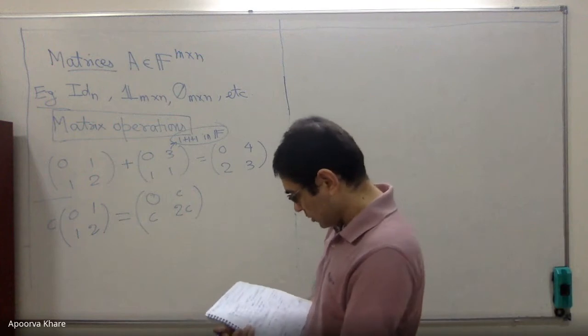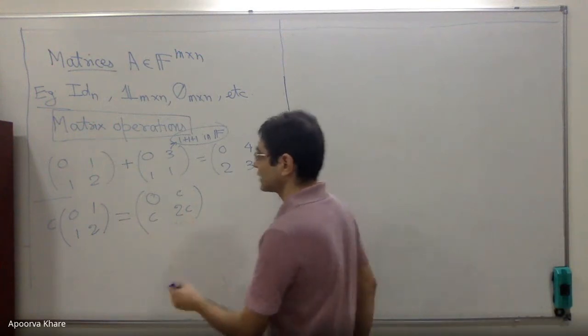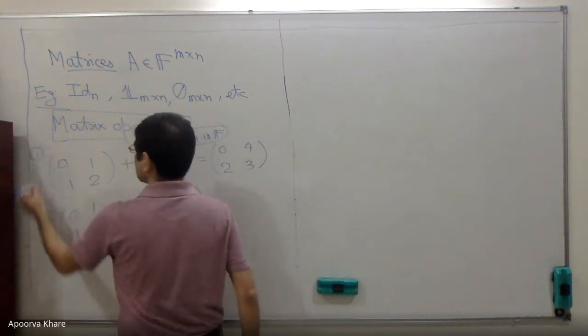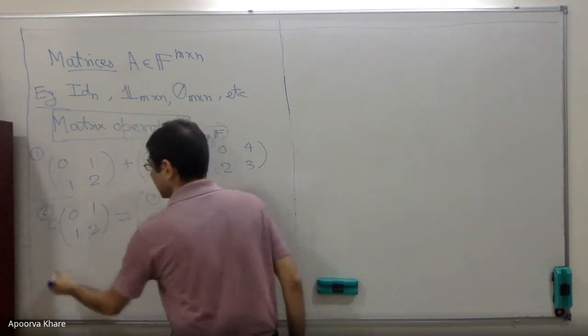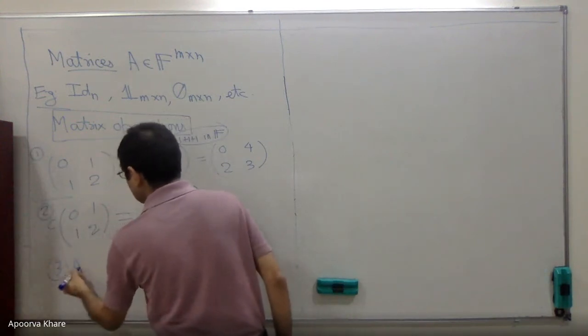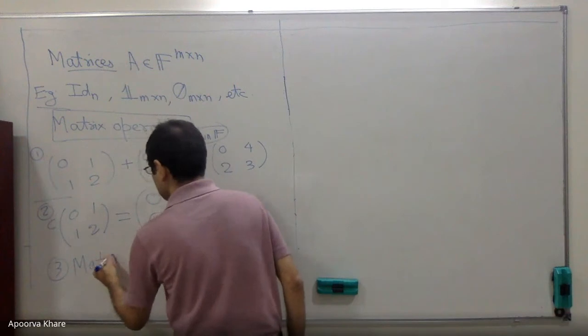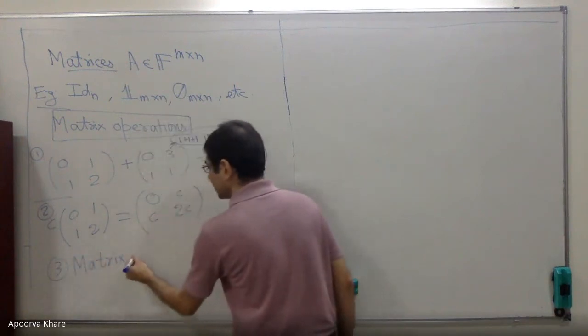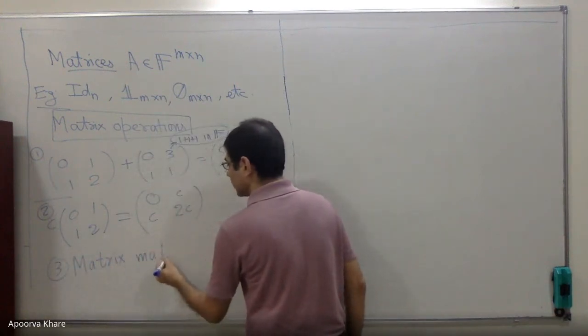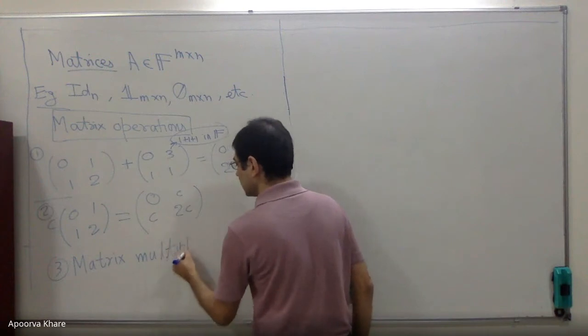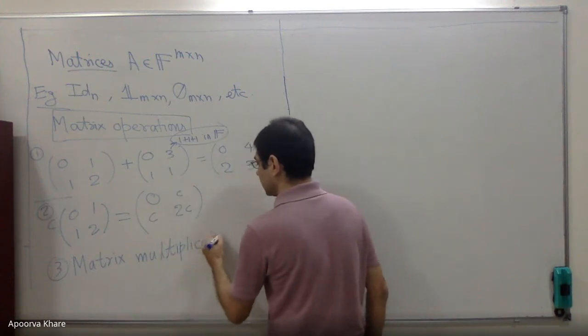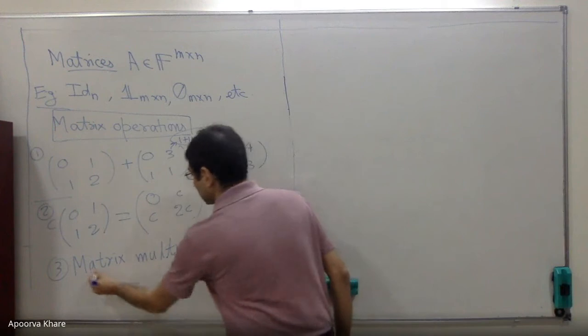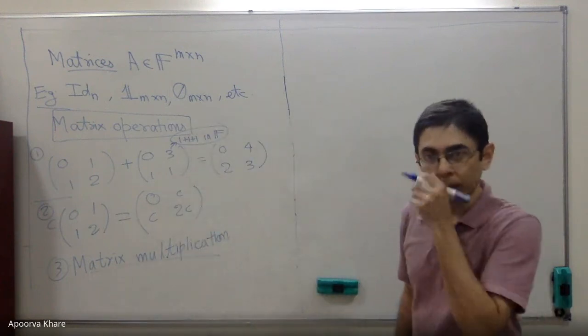But you can also do multiplication, and that's the most important one. This is addition, this is scalar multiplication, and this is matrix multiplication. This is definitely the most important among these operations. So what is matrix multiplication?